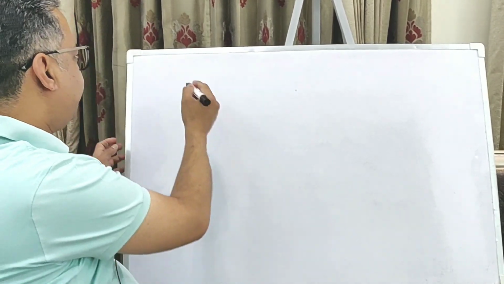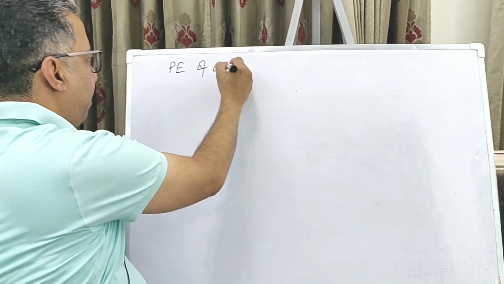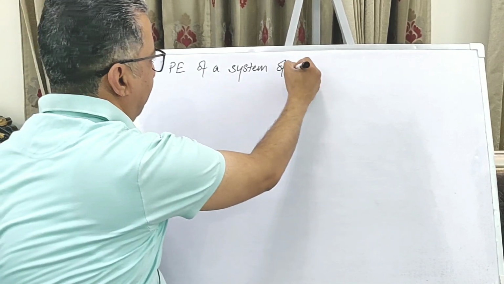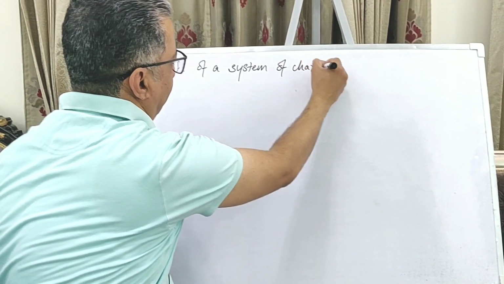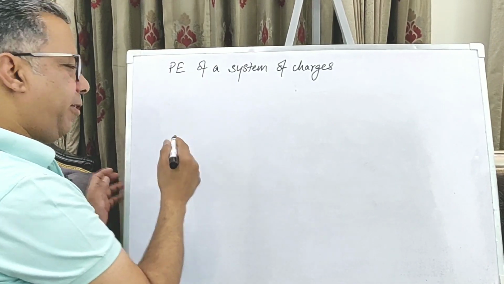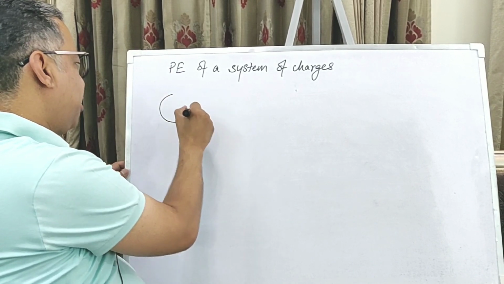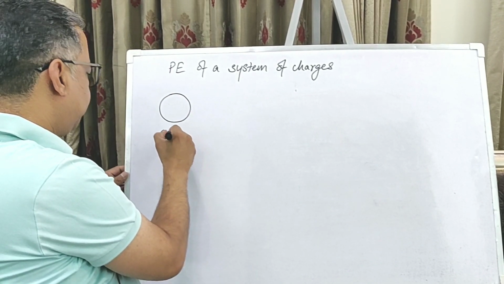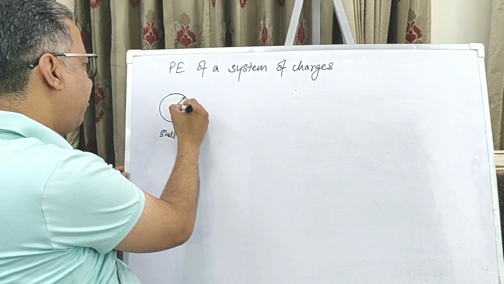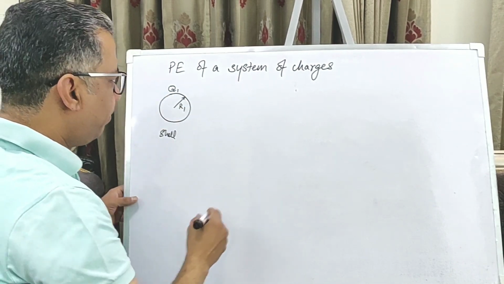Now let's consider a system of two spherical bodies. The first one is a shell having a radius R1 and a charge Q1.